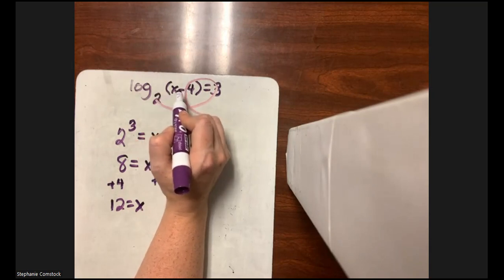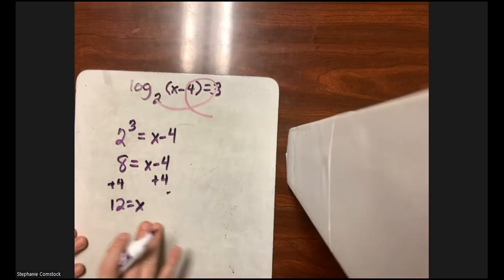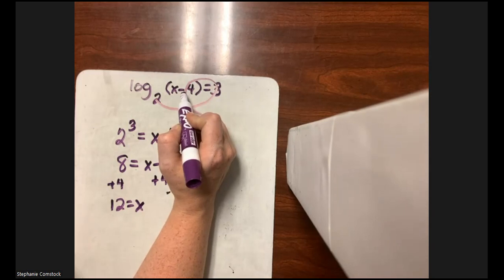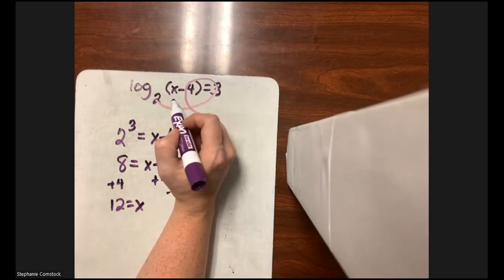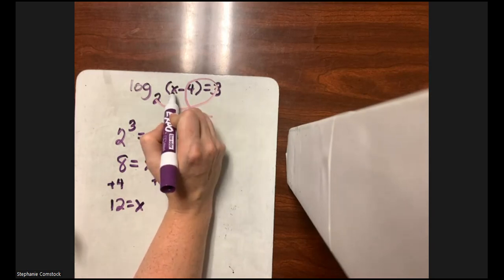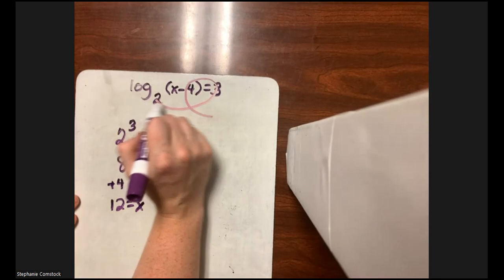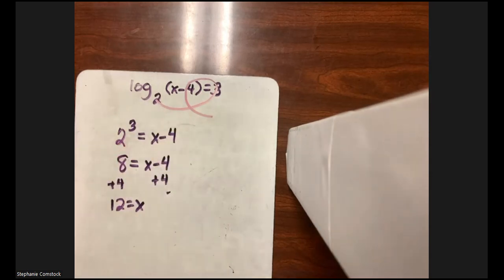Remember that you cannot take the log of a negative, and you cannot take the log of 0. So I'm doing a quick check here to make sure that when I plug it back in, I'm not going to wind up doing that. So for example, if I had gotten 3, 3 minus 4 is negative 1. That is not a viable answer because that would cause me to take the log of a negative number, and we cannot do that.